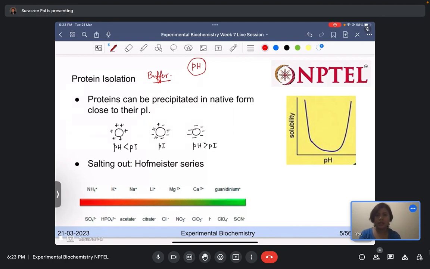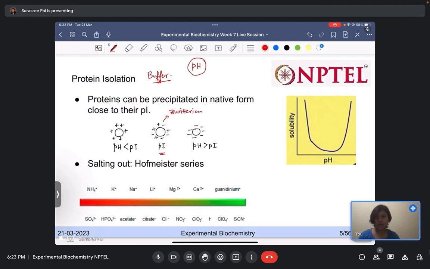Proteins have their specific pI values, and we know that when pH is equal to pI, the protein has both positive and negative charges, so that it exists in a zwitterionic form. Since it exists in a zwitterionic form, it can also be precipitated in native form very close to its pI.